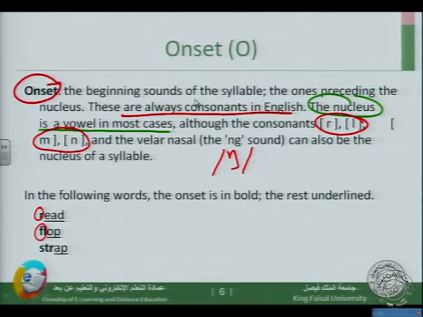FL. Where is the onset in the third word? STR. Notice R, FL, STR, they are all consonants. So the rule right here says that the onsets in English are always consonants, and the example shows us the validity of this rule.